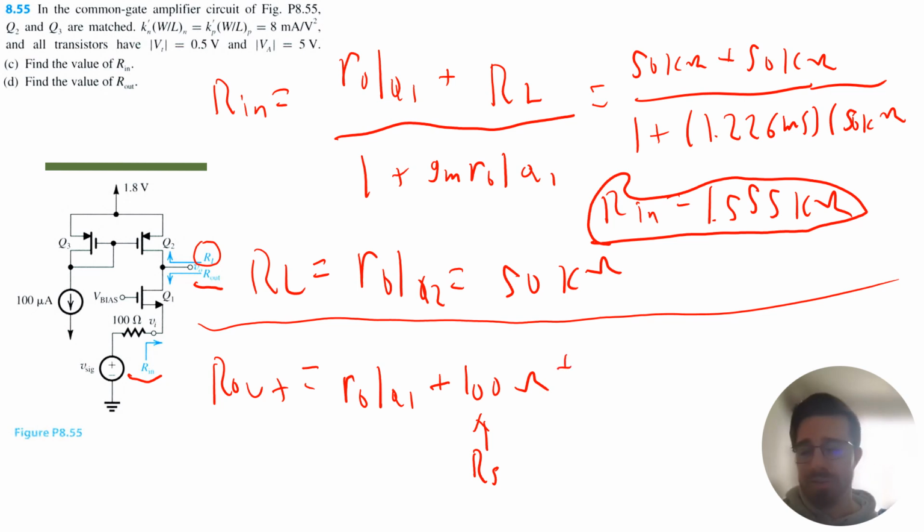And lastly, because of this voltage source here, Vsig, we also need to account for the transconductance times the output resistance of Q1 times that signal resistance, or just the 100 ohms.